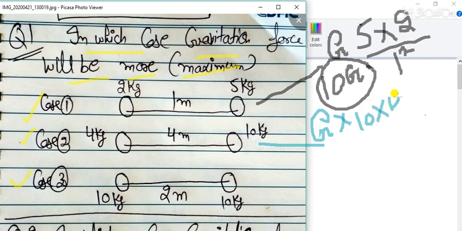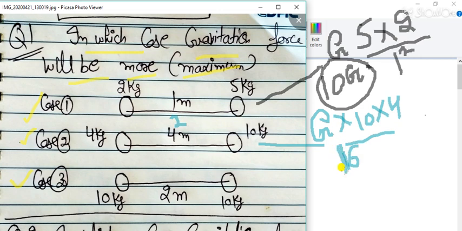I hope this is clear to you now. And in the denominator we have distance square, so I have to square this distance, 4 square, which will be 16. I am writing 16 directly, you can write two steps.